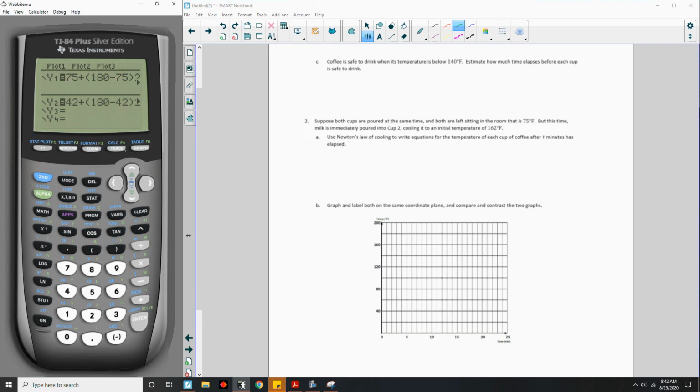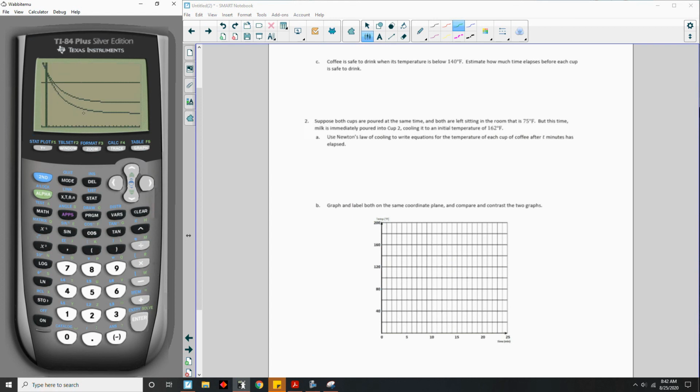And now if I go to my calculator and look at the graph, okay, I want to know when my Y value is 140 degrees. So I could go back to Y equals and just do a constant Y equals 140, and that'll put a horizontal line on my graph.